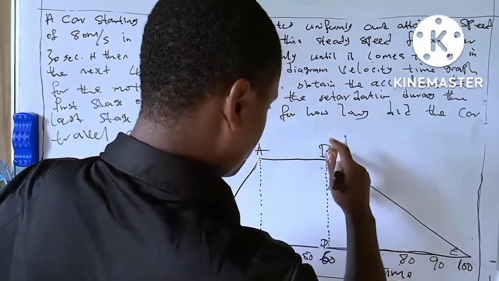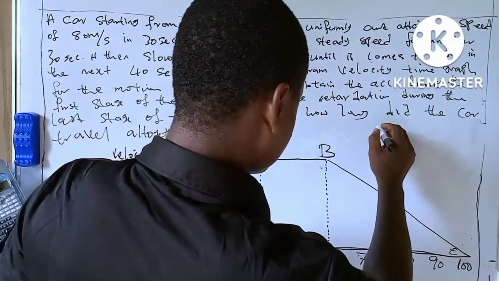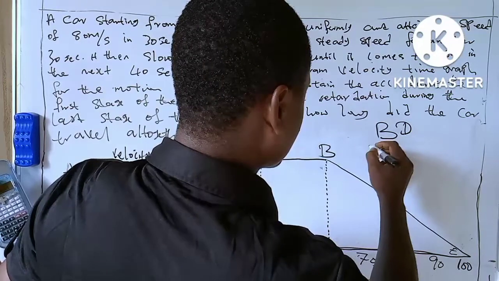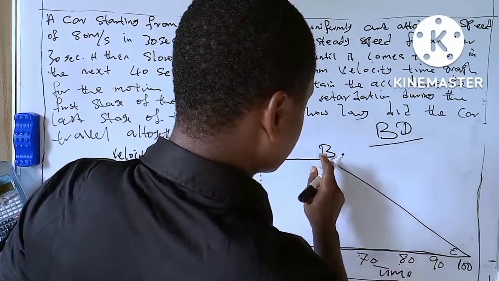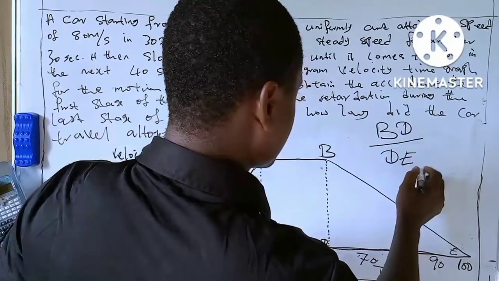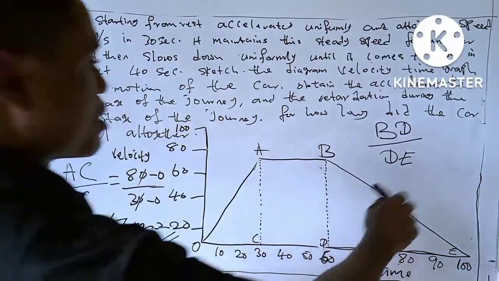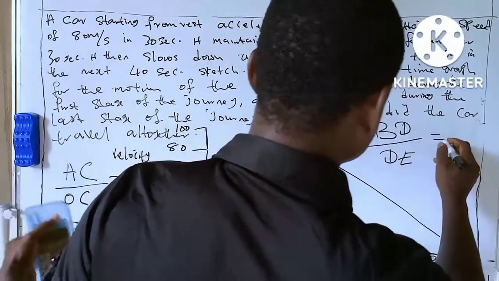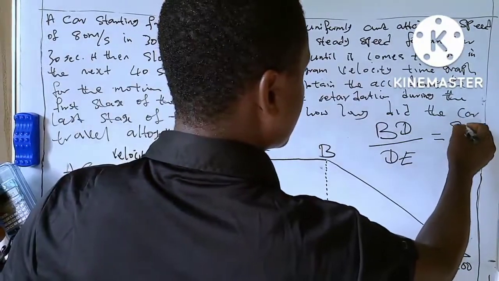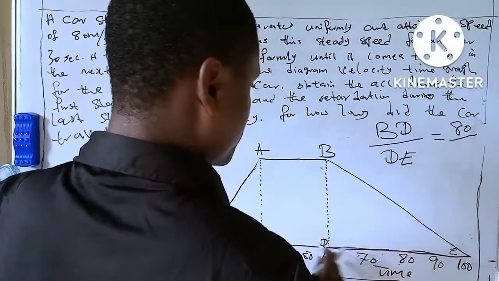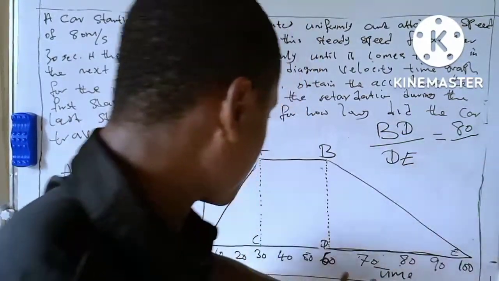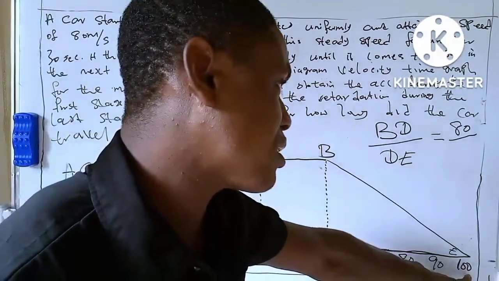So here we have BD over DE. BD we still have this 80, over DE. So here we have 60 and 100 here.